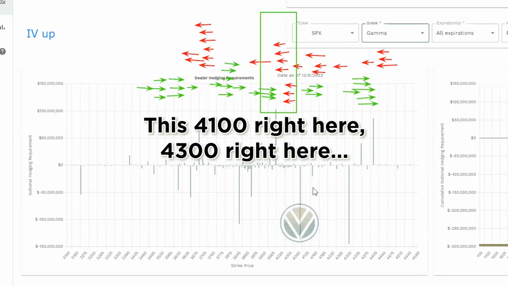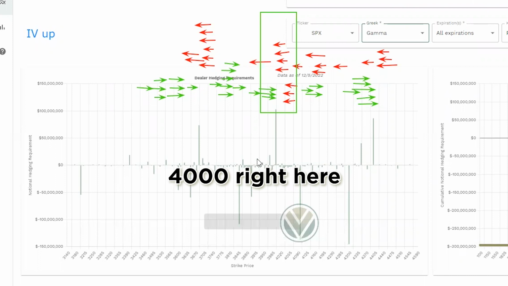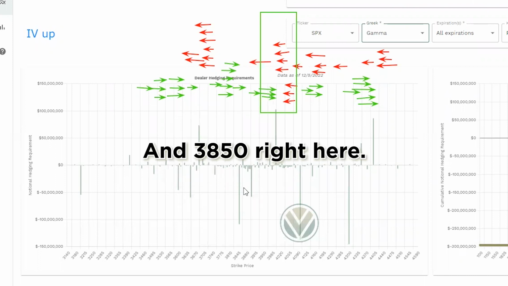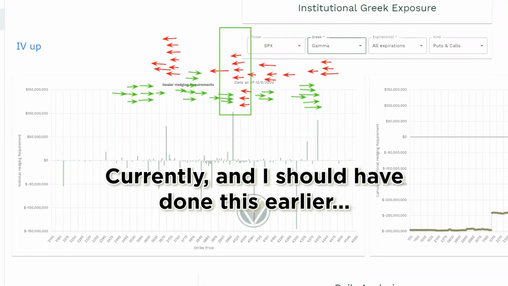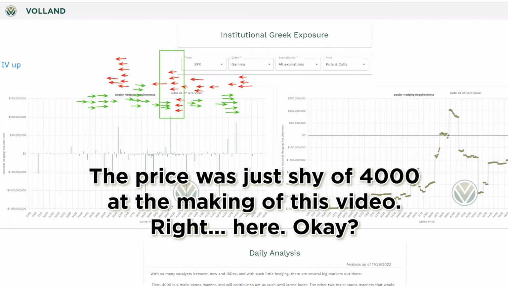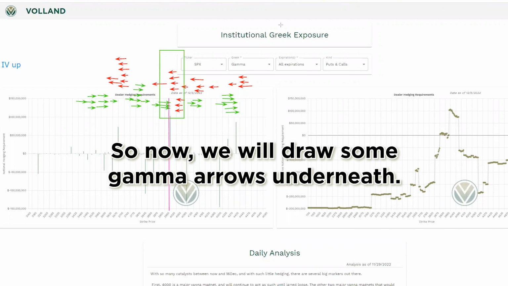This 4,100 right here, 4,300 right here, 4,000 right here, and 3,850 right here. Currently, and I should have done this earlier, the price was just shy of 4,000 at the making of this video, right here. Okay, so now we will draw some gamma arrows underneath.